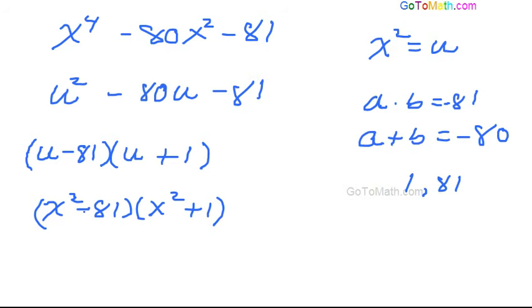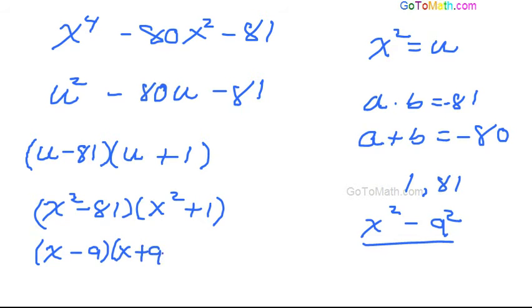Okay? Now let's take a look at this. This is x squared minus 9 squared. Right? 9 squared is 81. Now this is the difference of squares. And I think we worked some of these problems earlier. And so this can actually be factored as x minus 9 times x plus 9.